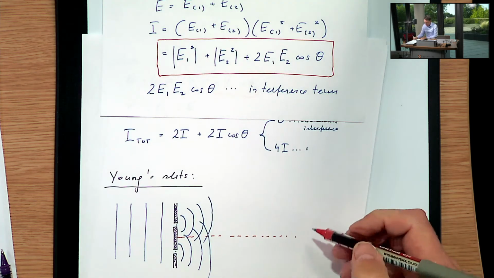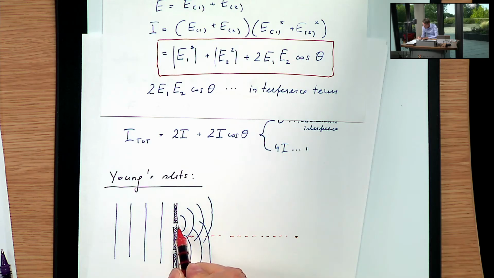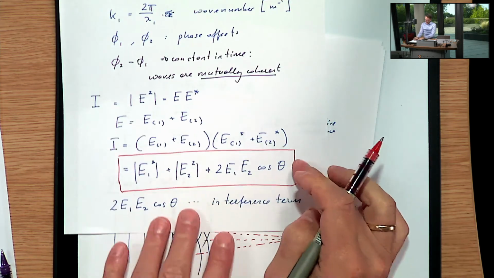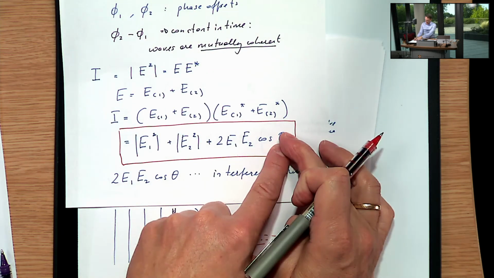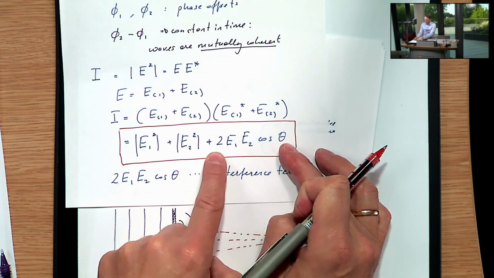If you put a screen a long way away from here, then what can you see? So the spherical waves arriving at that point. If I take this point here, the phase of light coming from here and the phase of the light coming from there will be exactly in phase, and the cross term will be 2E1E2, which will be just 2E squared.